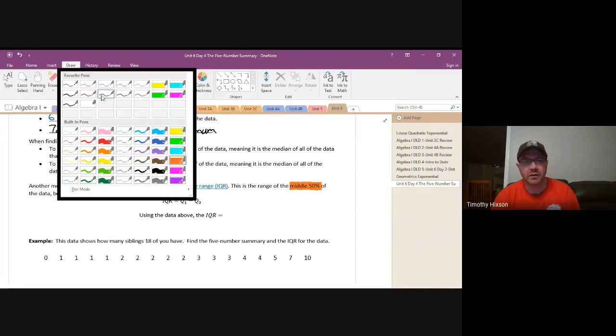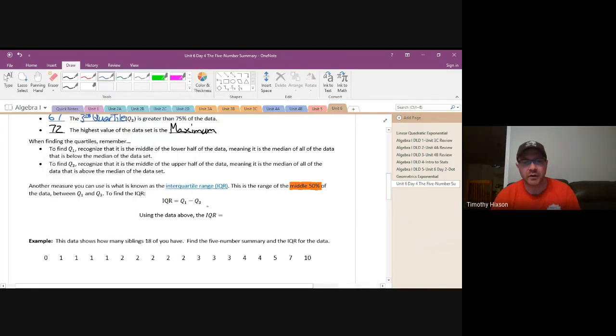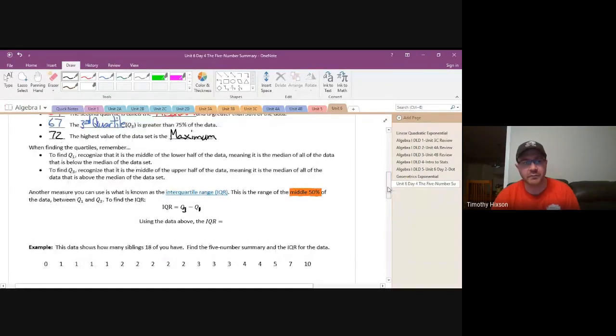The IQR in this case, then, we would find by taking Q3, sorry, I've got this backwards, Q3 minus Q1. Q3 minus Q1. So in our case, the third quartile was 67.